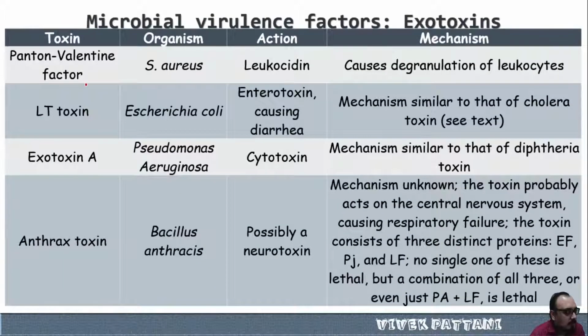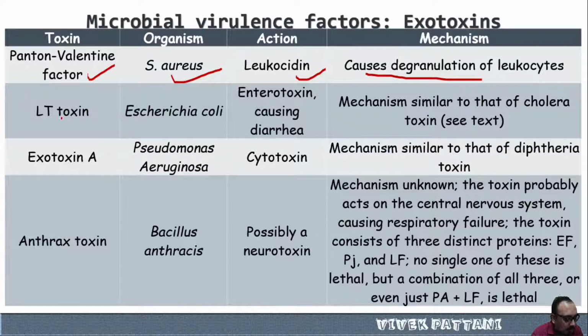Now comes the next toxin, Panton-Valentine factor, which is again produced by Staphylococcus aureus. The action is of a leukocidin, which kills white blood cells or leukocytes. The mechanism causes degranulation of the leukocytes.